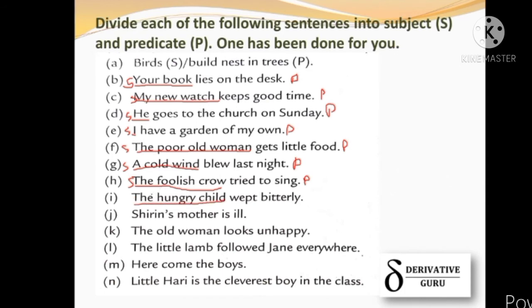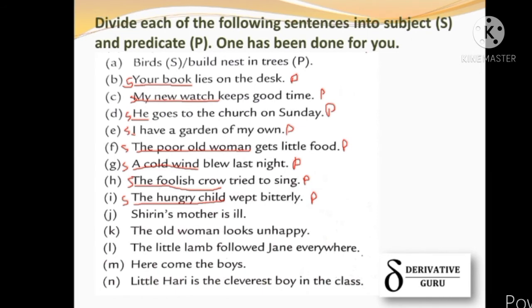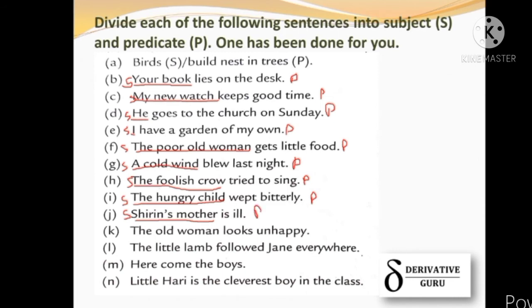So this becomes the subject in the sentence and wept bitterly is the predicate. Shirin's mother is ill. Read the sentence once again. Shirin's mother is ill. So you're talking about whom? You're talking about Shirin's mother. So Shirin's mother is the subject and you're saying that she is ill. That becomes the predicate.